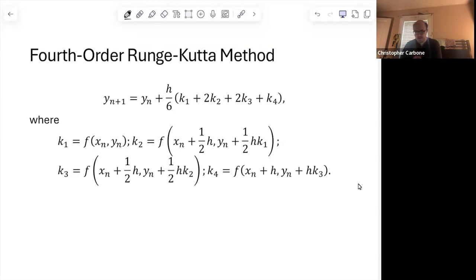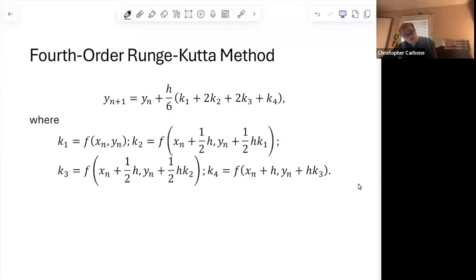There's also a secondary reason why using something like this is better than Euler's method, and that's because the computational aspect involved in this is actually faster for the computer to do. But y sub n plus 1 would be equal to y sub n plus h divided by 6 times k sub 1 plus 2 times k sub 2 plus 2 times k sub 3 plus k sub 4.